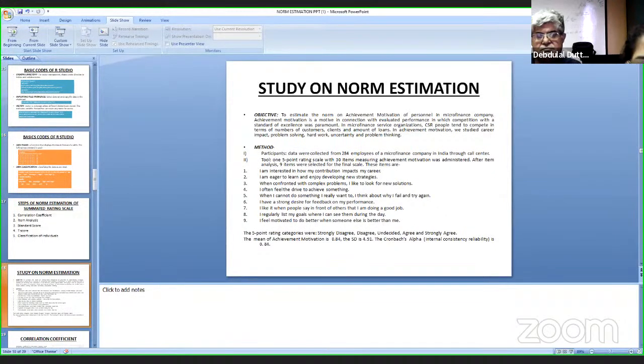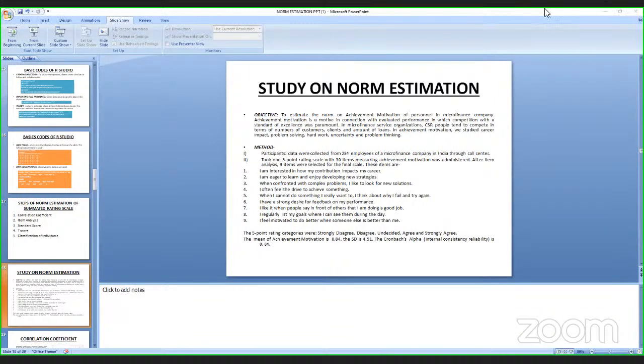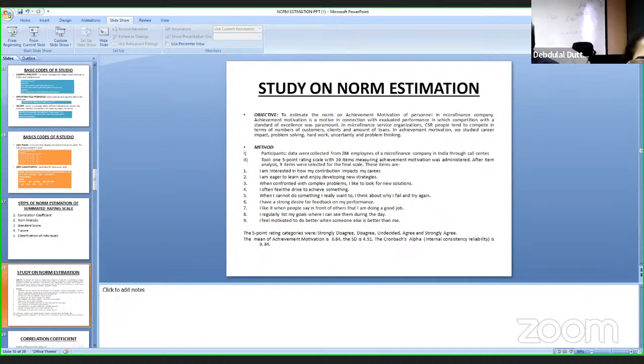Can you see the slide, study on norm estimation? Yes, ma'am. Okay. A study was conducted where the objective was to estimate the norm on achievement motivation of personnel in a microfinance company. Achievement motivation is a motive in connection with evaluated performance in which competition with a standard of excellence is paramount.